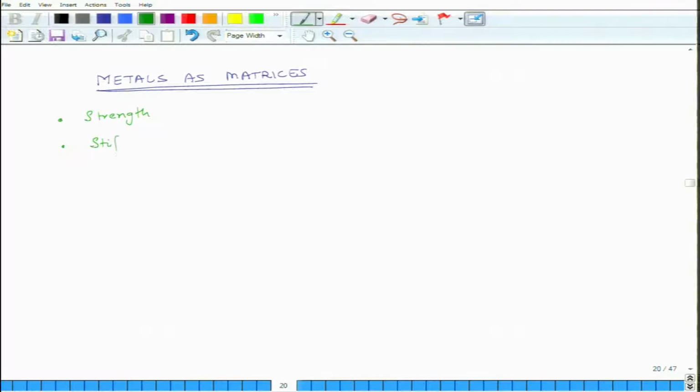Stiffness, same thing. We use metals, they also provide a lot of stiffness. Toughness. What is toughness? Toughness is the ability of a material to absorb a lot of energy. So these matrix materials which are plastic based cannot absorb a lot of energy, unlike metals. Impact strength.